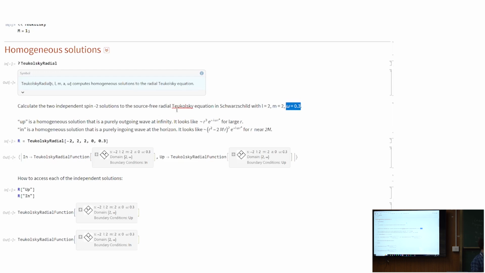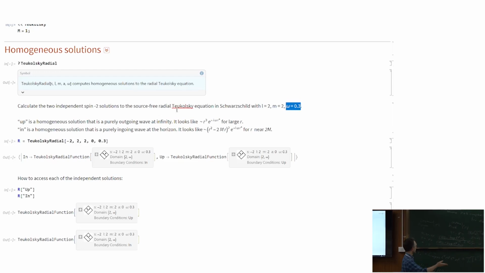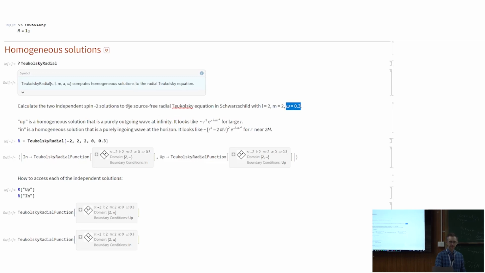So the Teukolsky equation, which was behind the board, is a second order ODE, which means we have 2 linearly independent homogeneous solutions. The ones that we use when we want to impose our physical boundary conditions at scri plus and H plus are called the up solution and the in solution.